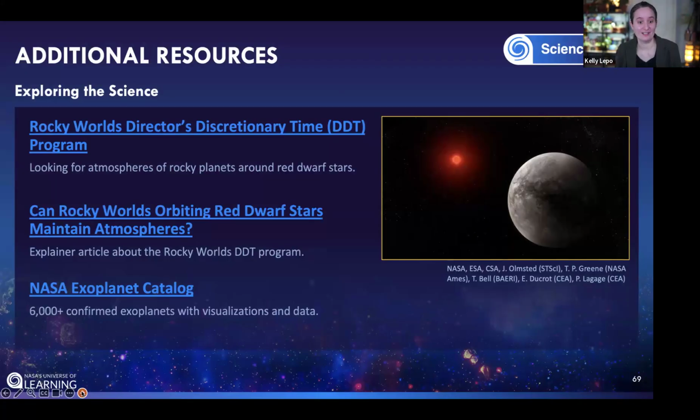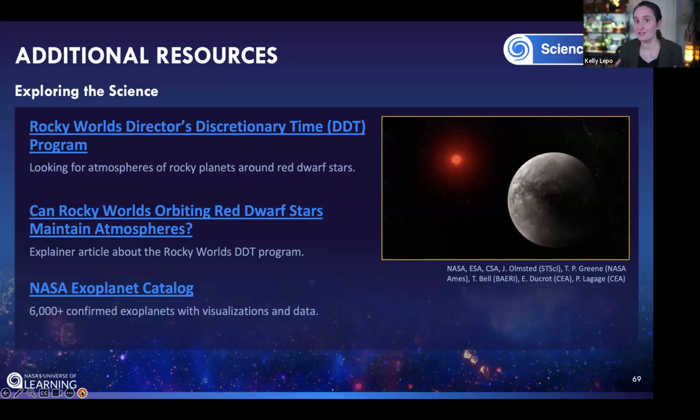To start off, we have links to the official website for the Rocky Worlds DDT program, which is more aimed at professional astronomers, but there's lots of really great data in there if you want to really nerd out and dig down.